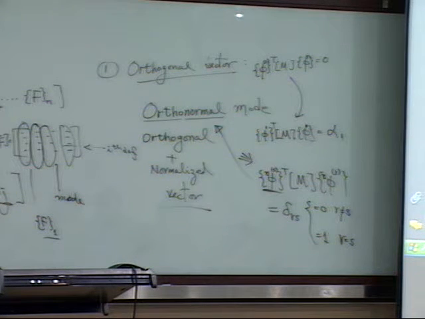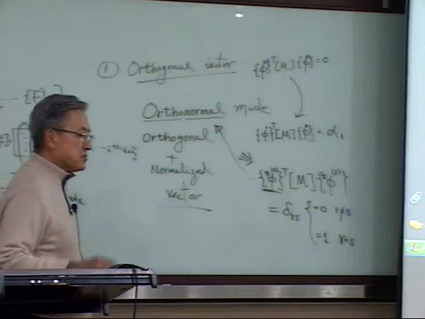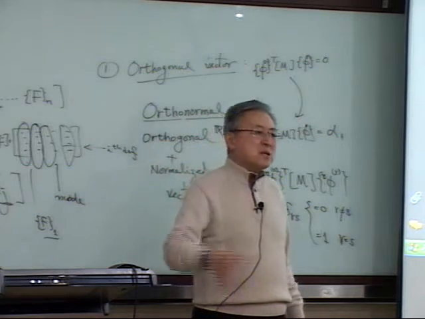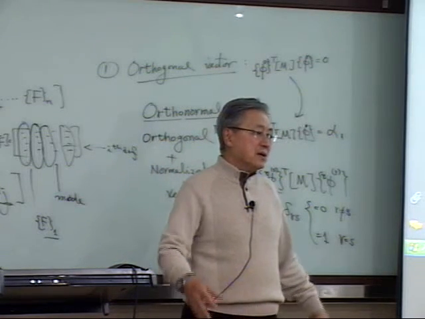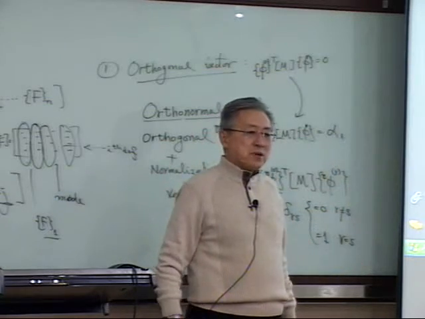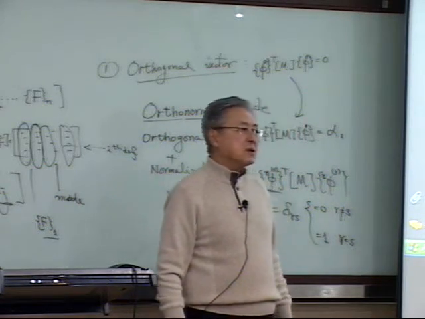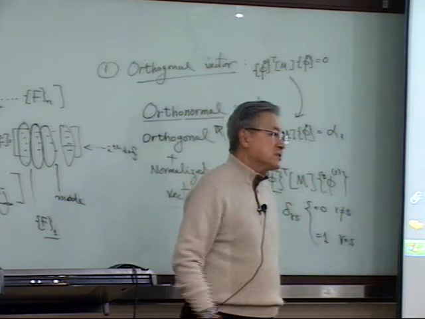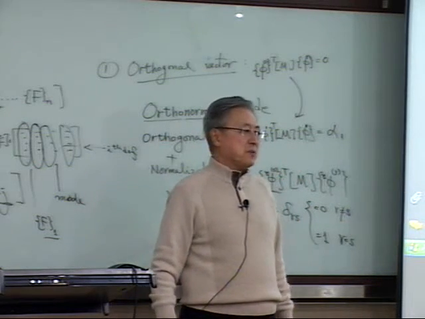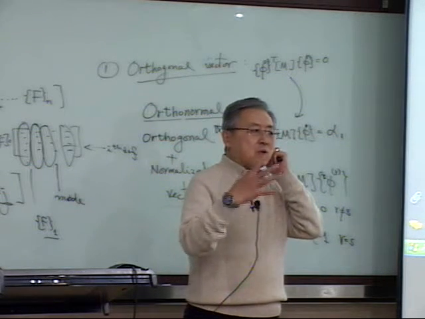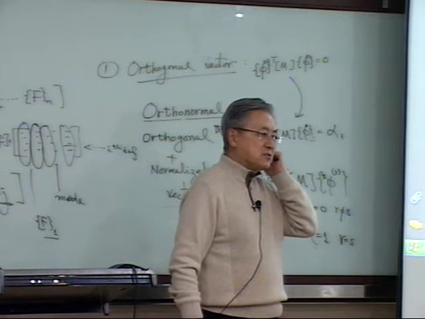To do that, first you have to compute the so-called modal mass. In modal space, when you compute the modal mass and take the total, that has to be equal to the physical mass in physical space. It doesn't matter what space. So the total mass has to be the same.